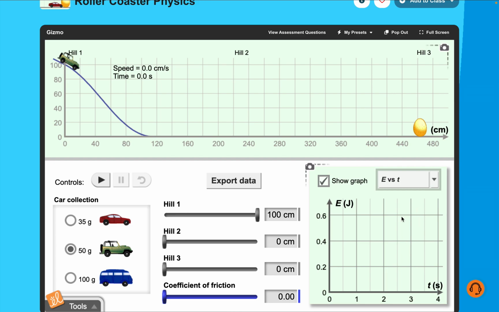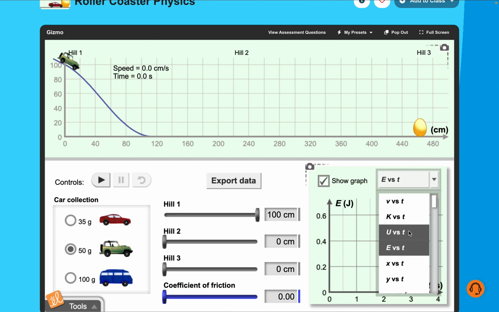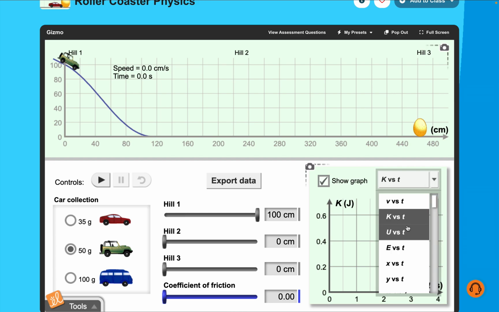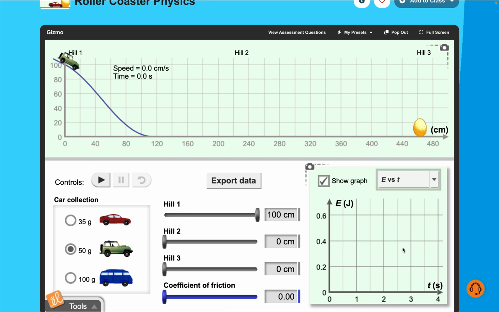It's just all of the energy within the system versus the time as the car runs. We do have those options though for gravitational potential energy represented by a U, or kinetic energy represented by a K. Both those have a J next to them because the units they're using in energy is joules. So there are lots of options there. We're just going straight forward for energy, all of it.